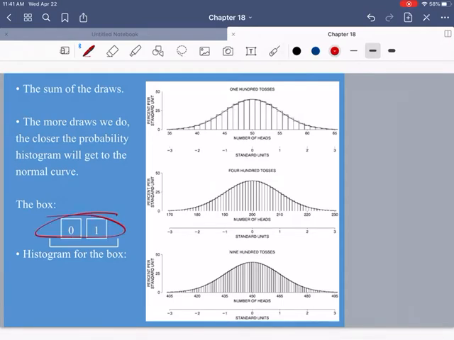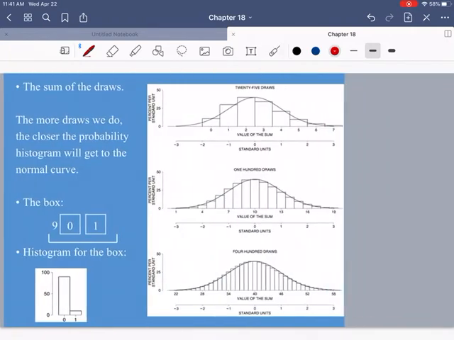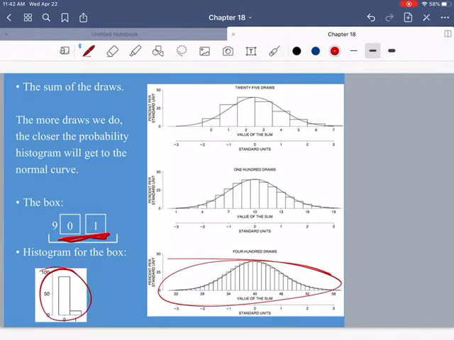So here's our box. Let's say we're flipping a coin. This shows the number of heads for 100 tosses, 400 tosses, and 900 tosses. And you can see it is following the normal curve with enough tosses. Same thing with this one with 400 tosses, even though this histogram does not follow the normal curve.